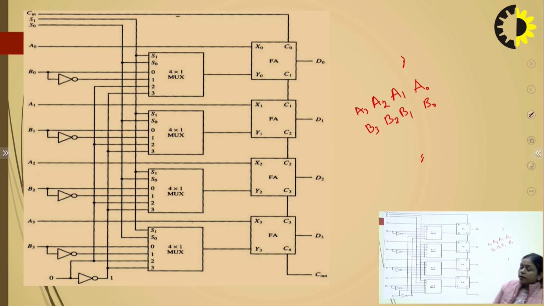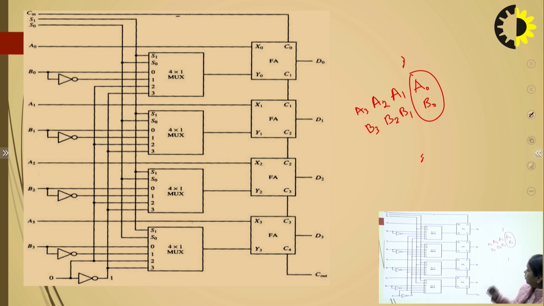Okay, so it will perform the operation on A0 and B0, or A and B. Fine. Here we have an adder. The work of the adder is to add the numbers. For example, if we want to add two numbers A0 and B0, we will give a full adder and we can add A and B.